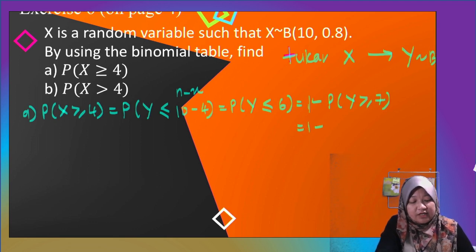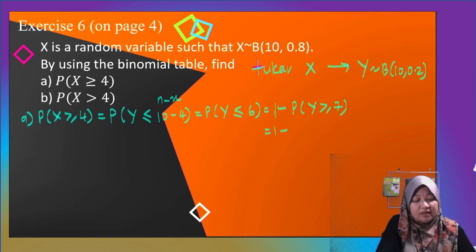So, cari dalam table, probability awak adalah 0.2, N adalah 10, dan R awak adalah 7. Jadi, kita akan dapat yang ni adalah 0.00009. So, awak akan dapat 0.9991.